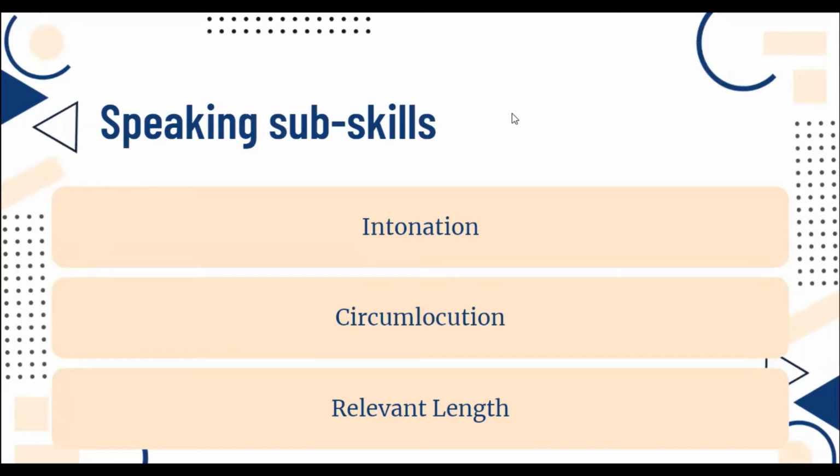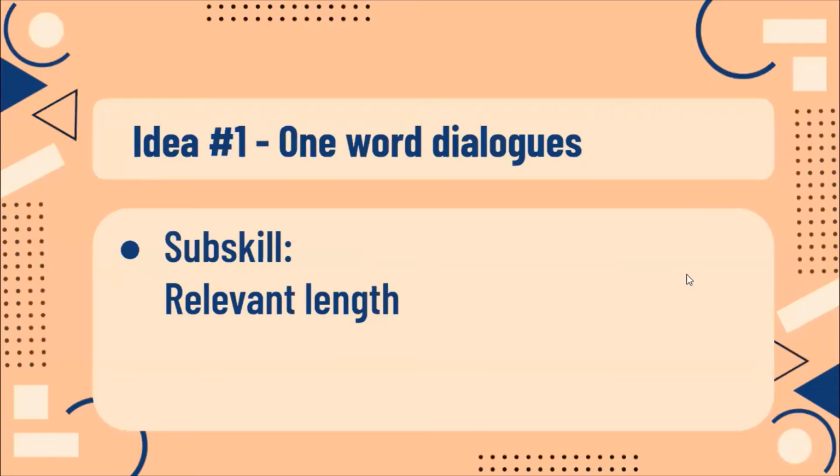Rhythm, the way we speak, exactly. How we say it. Bullseye. Circumlocution, any ideas? Relevant length? The tone of your voice, rising and falling. Very nice, very nice. Okay, we will see this in detail in a few minutes.